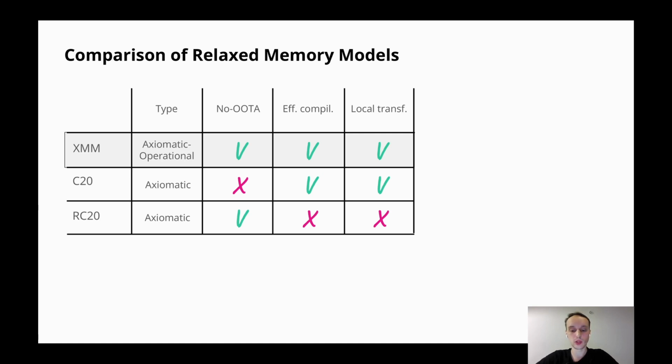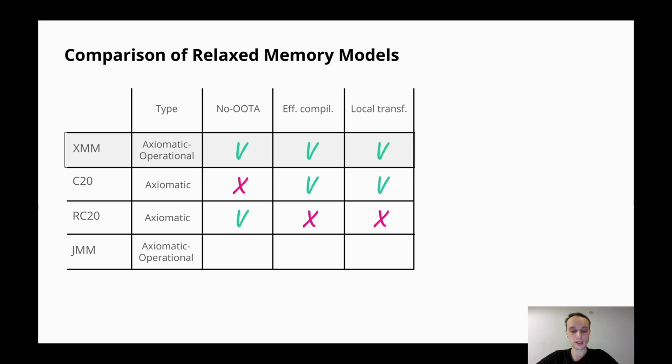of local program transformations. However, we must admit that XMM is not the first model that attempted to fix the thin air values problem. In fact, XMM was inspired by the Java memory model that was based on similar ideas. However, our model avoids the pitfalls of JMM in supporting desired optimizations.